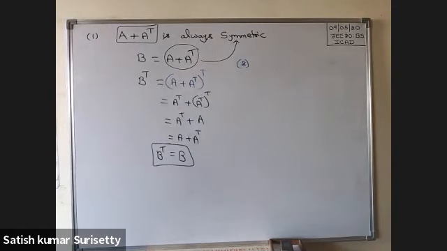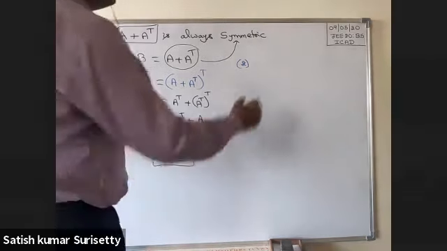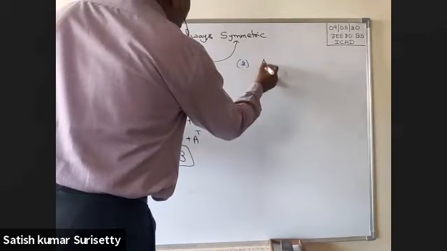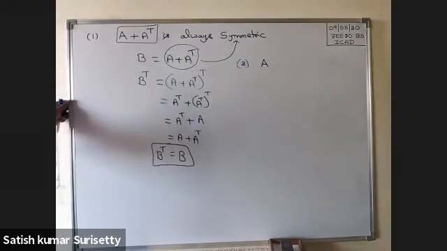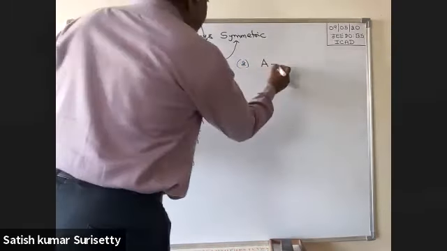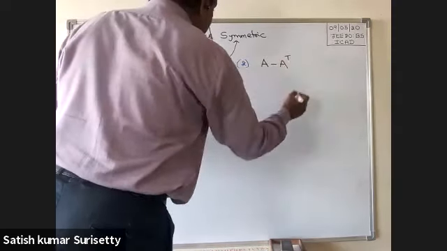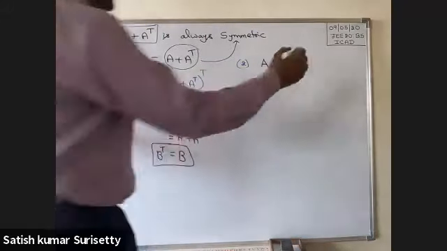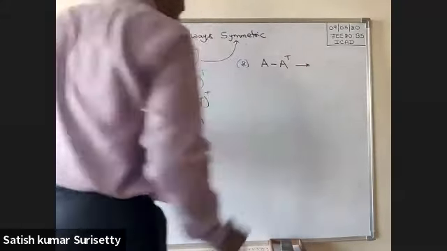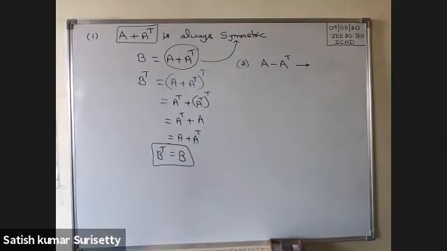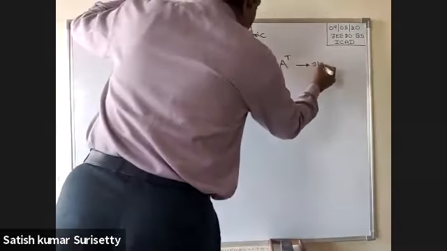Right, one more property. If A is a square matrix, then A minus A transpose is always what?